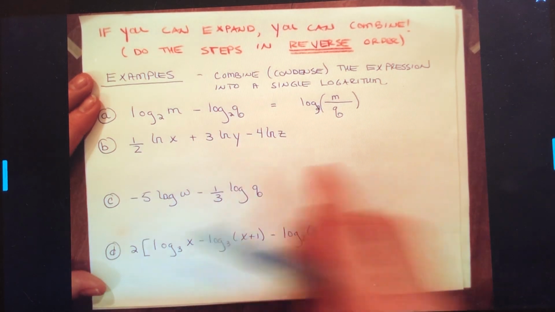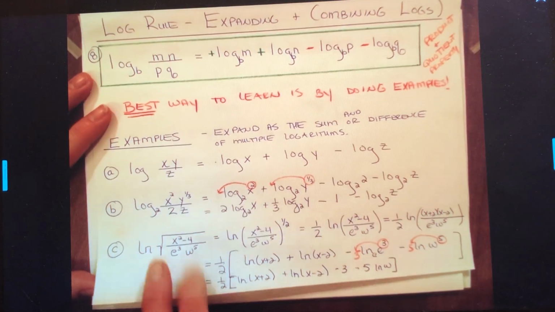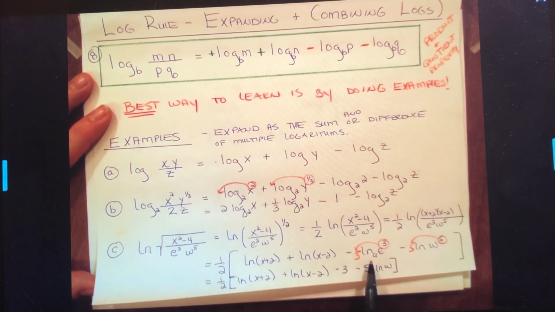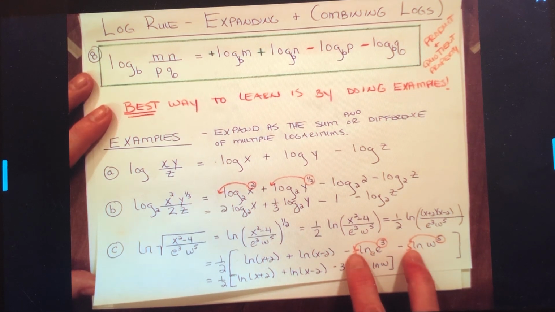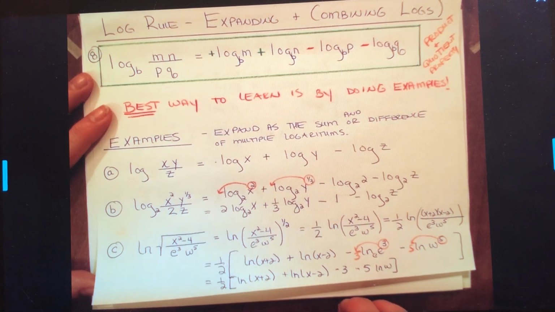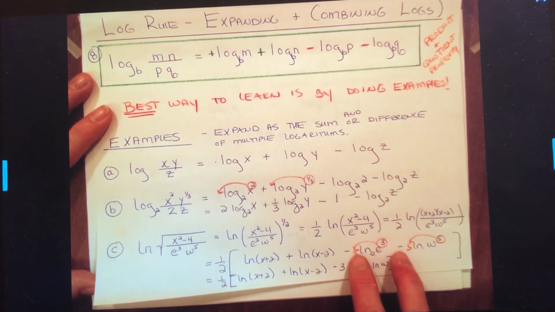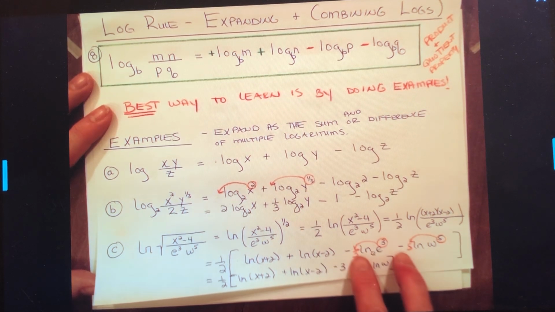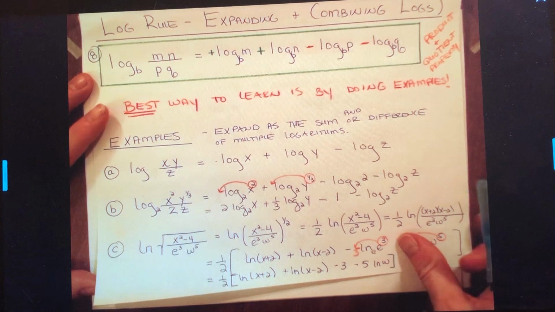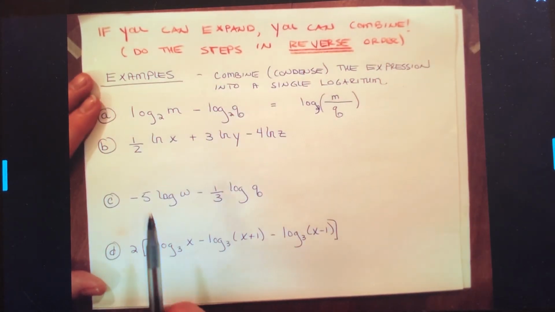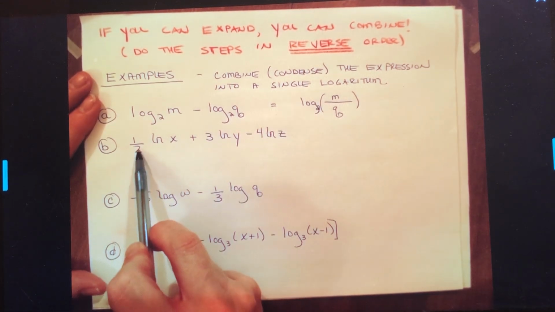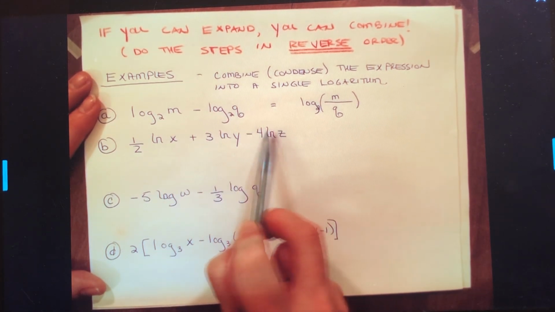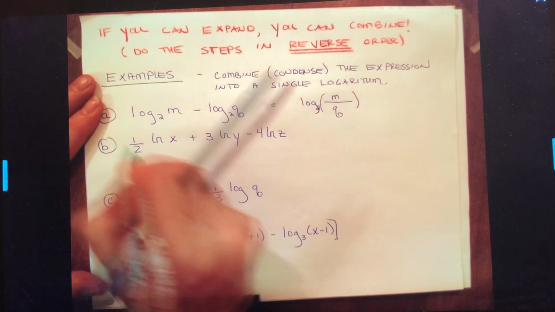And if you remember on the previous one, when we were separating, one of the final steps was that if we had powers up top, we brought them down below. So if we're thinking about reverse order, if that was one of the last things we did to separate, then it should be one of the first things we do when we combine. So anytime you're going to combine, if you notice that there's a number out here that's not a plus or minus 1, that really should be your first step, to go ahead and pop those up.